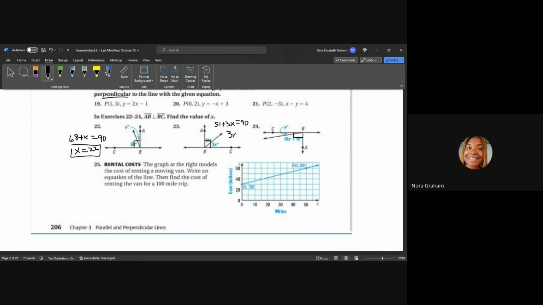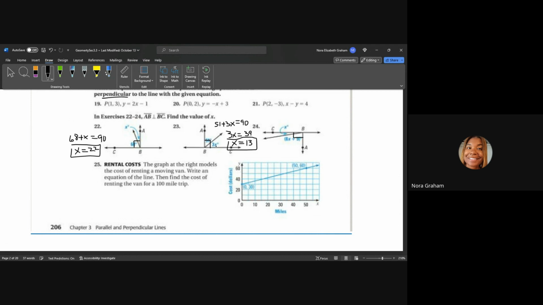I get 3x equals, what do I get? 3x equals 39. 39 divided by 3 is going to give me 13. Okay. So our x for this one will be 13.